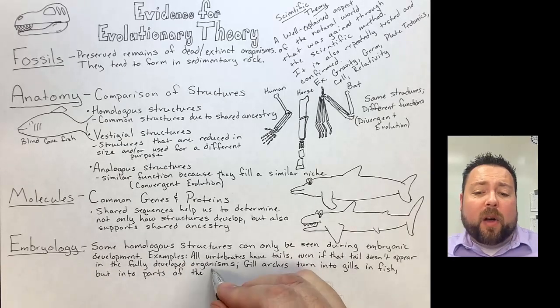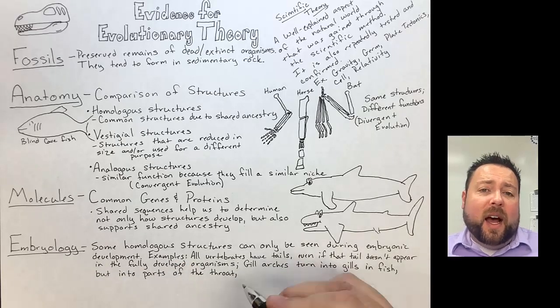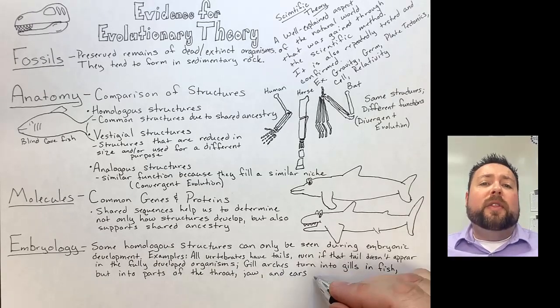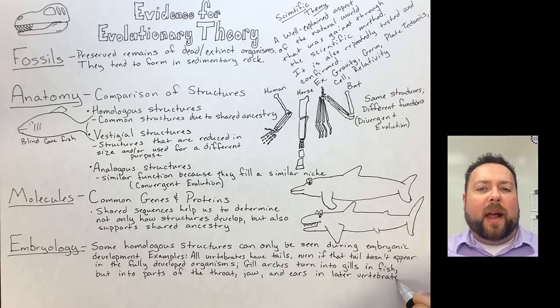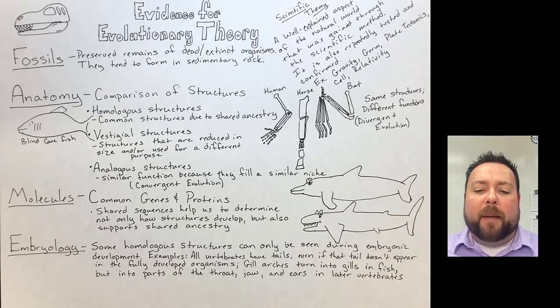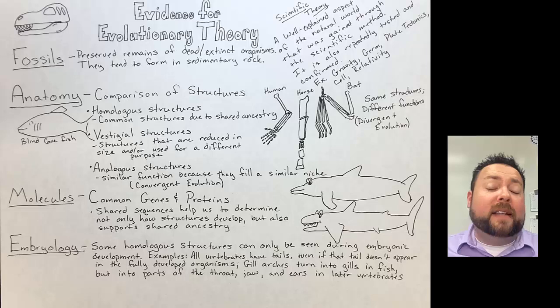Another example are the gill arches. In fish, those gill arches turn into those protective bones around their gills, because that's a very sensitive part of the fish. Now, we don't have gills, but as an embryo, all other vertebrates also have these gill arches.